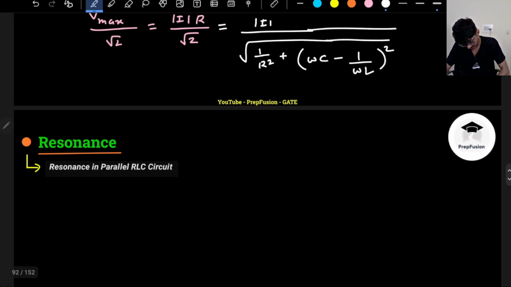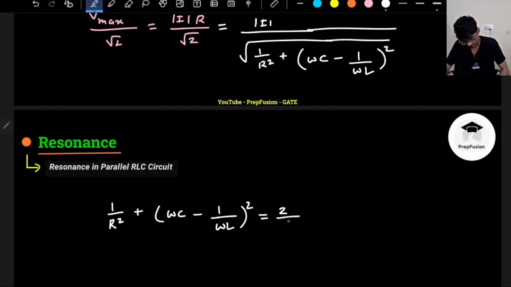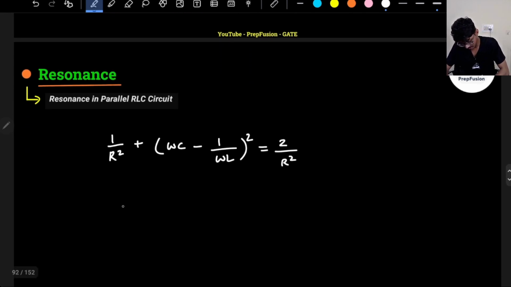If I square on both sides, this will be 1 by R square plus omega C minus 1 by omega L whole square equals 2 by R square. Okay, so I can directly say that my omega C minus 1 by omega L whole square equals 1 by R square.